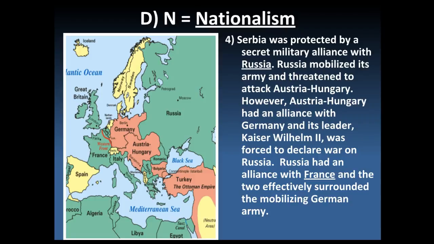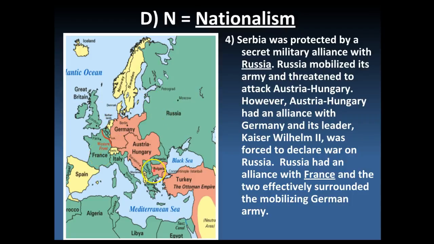Now, it didn't hurt that Serbia also knew, and this is where it gets tricky, folks, that if they went to war with Austria, that Russia had already signed an alliance with them. And so Serbia felt pretty confident that if Austria attacked them, Russia was going to respect their alliance and come in and help them. Now, to make matters even more interesting, Russia had an alliance with France.